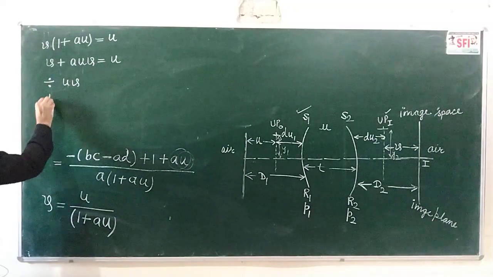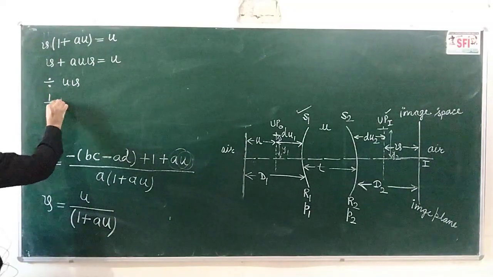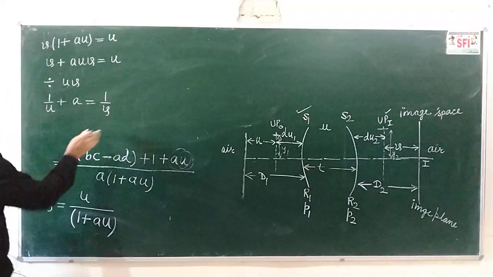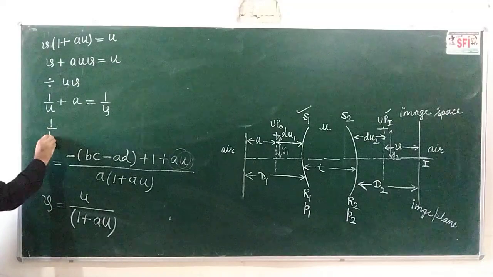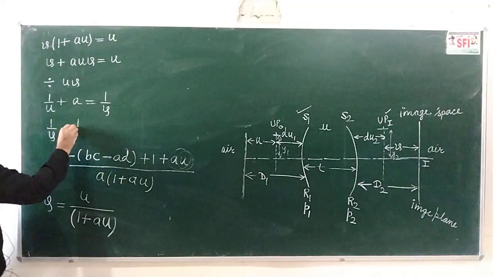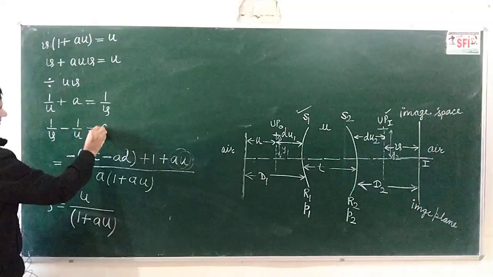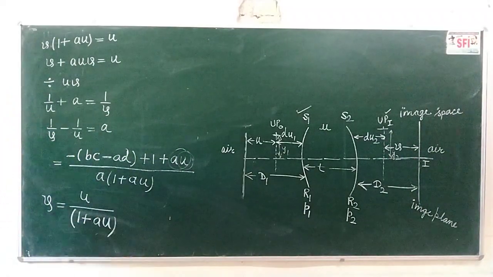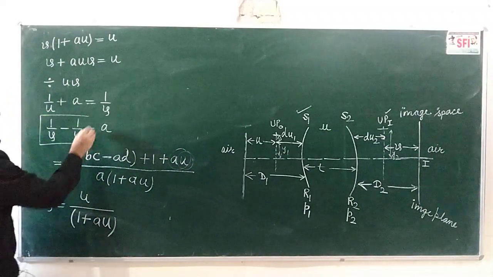So here you will get 1 by U plus A equal to 1 by V. You can rearrange it, 1 by V minus 1 by U, this is equal to A. Take this factor on right hand side and you will get this equation. Okay.